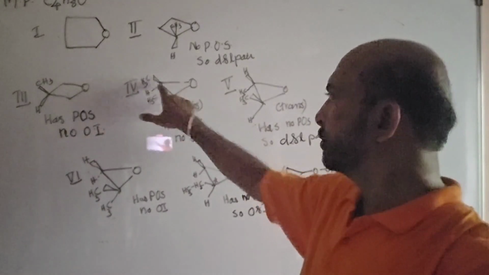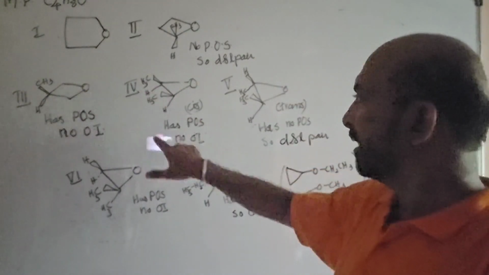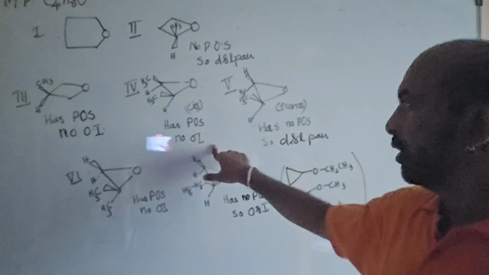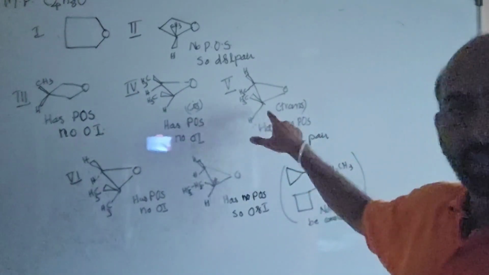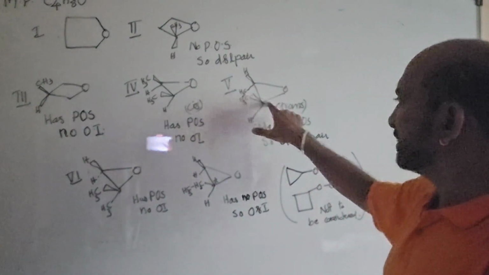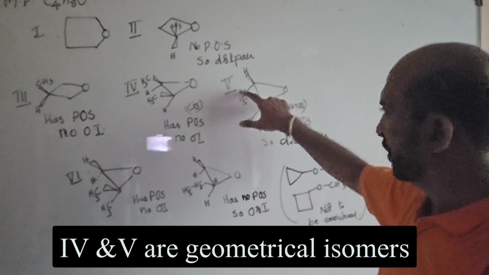Positions 2,3 are occupied by methyl in a symmetrical manner, the cis arrangement, and so it has no optical isomerism. The other arrangement is, look here, in one case the CH3 is above the ring and on the other carbon it is below the ring.